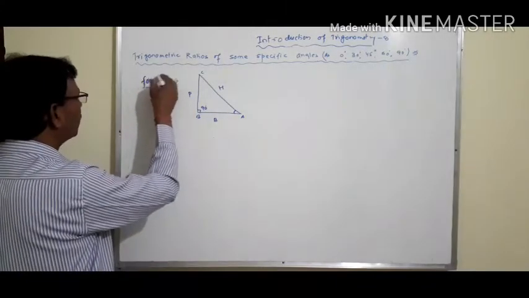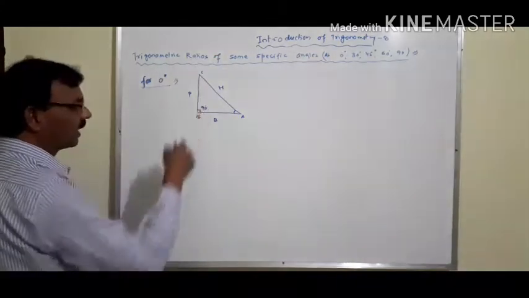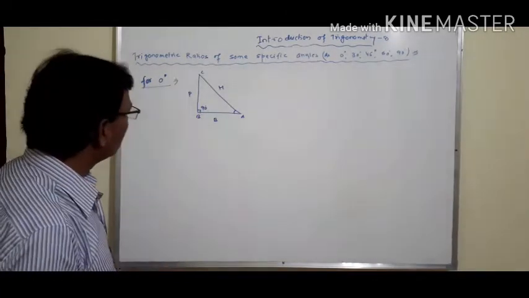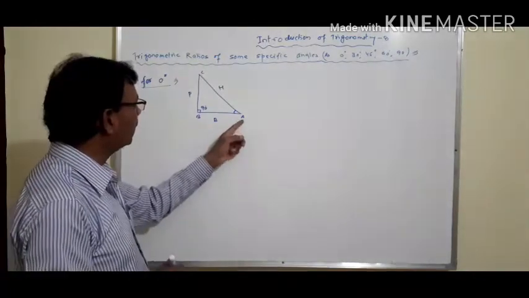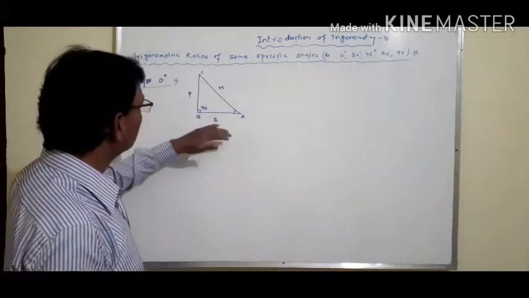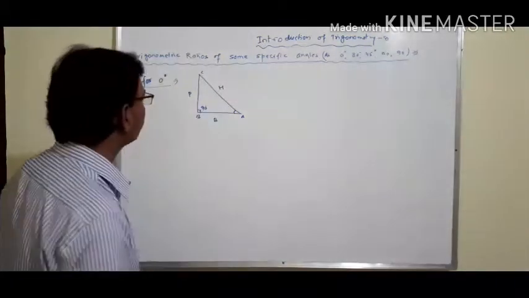But there is no angle in this triangle that is 0 degree. So what happens if angle A becomes 0 degree?